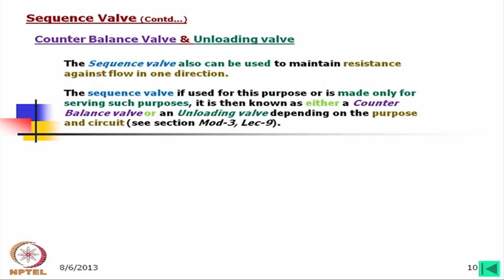If we do not come to the circuit design, we will not be able to understand the purpose of counterbalance valve and unloading valve, which are sequence valves. So, that we will learn maybe in the next lecture. It is actually in lecture 9 in module 3.